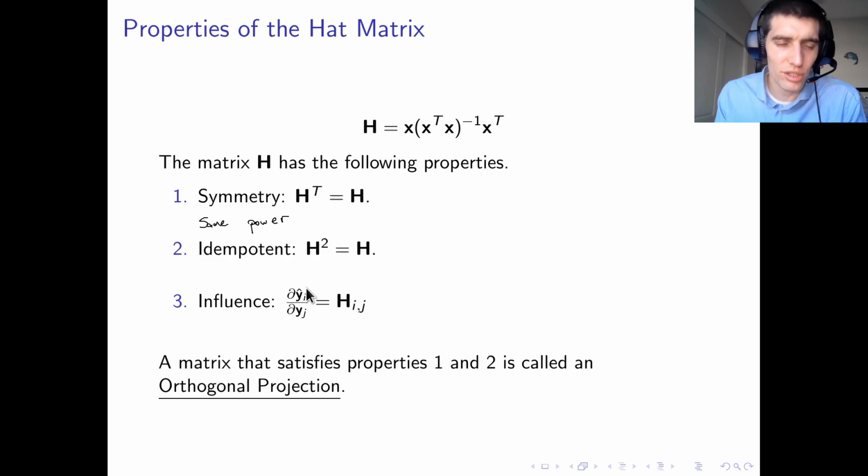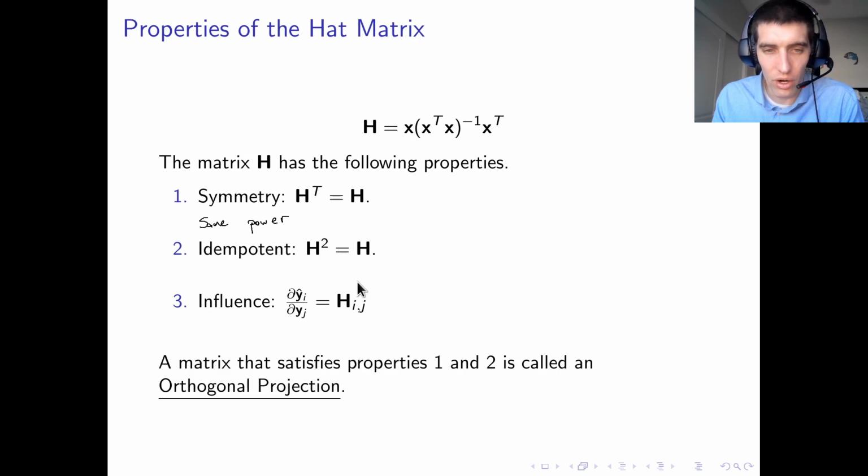Imagine a situation where we didn't get exactly the same y's, we got slightly different y's. Let's say we changed this y_j just infinitesimally, a little bit larger or a little bit smaller. What would happen to our prediction in that case? Does our prediction change dramatically if we change this y a little bit? Intuitively, we think that's bad. The rate of change of this prediction with respect to this input, this observation y, is h_ij.